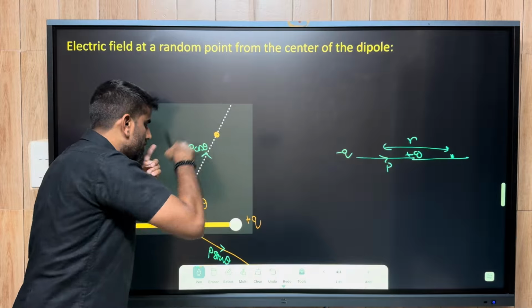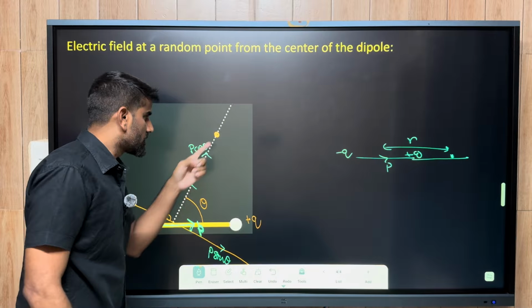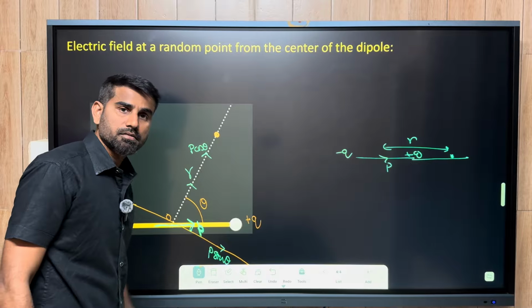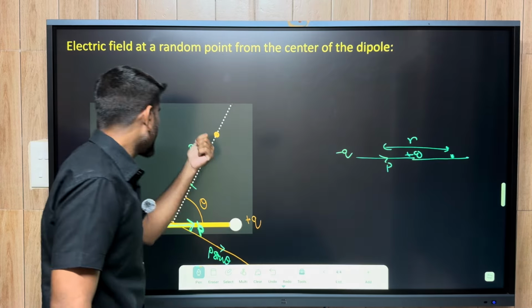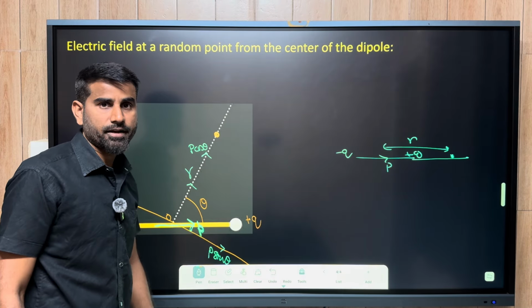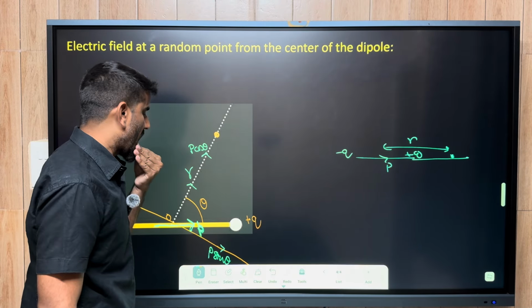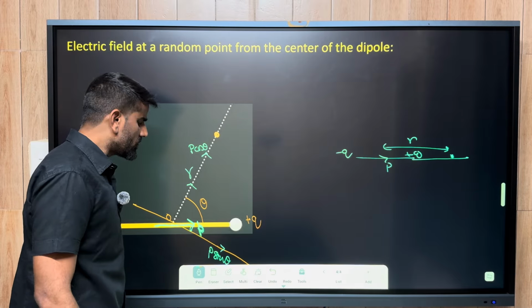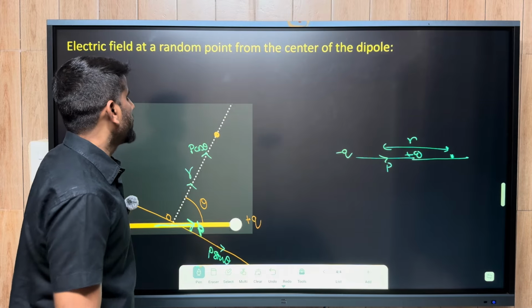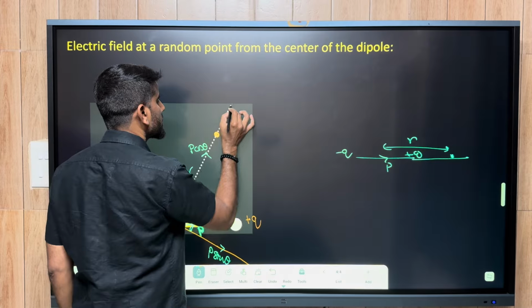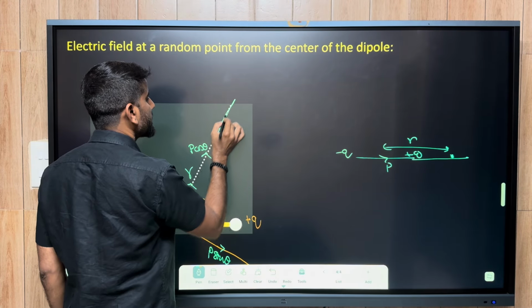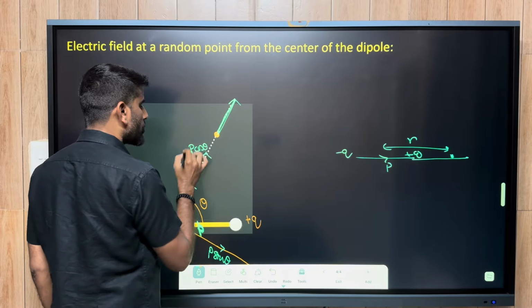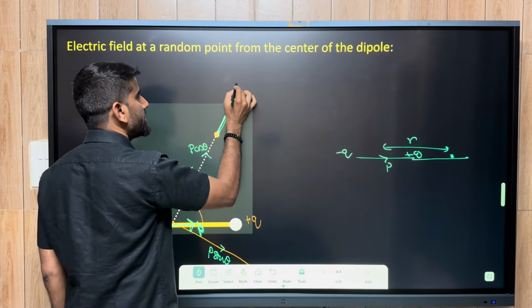That situation and this situation are similar, except here the dipole moment is P cos theta. Now let us write the equation for the electric field intensity on the axial line.